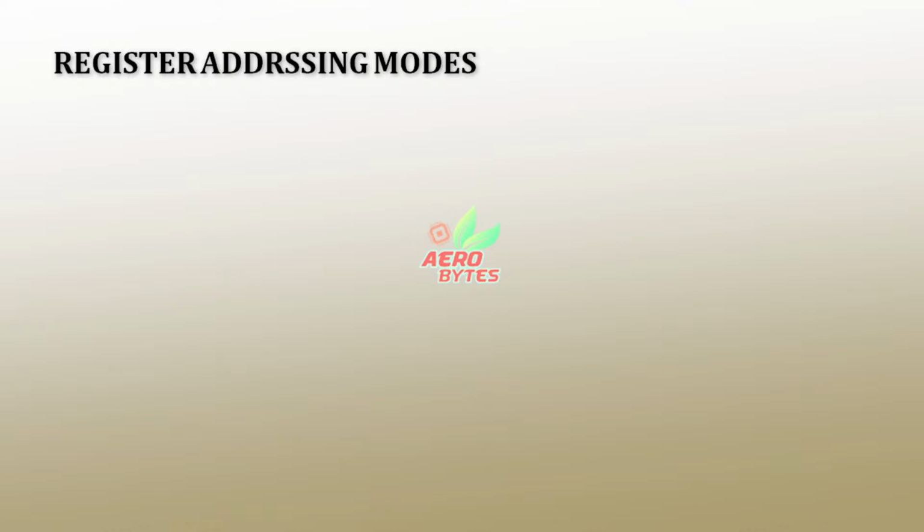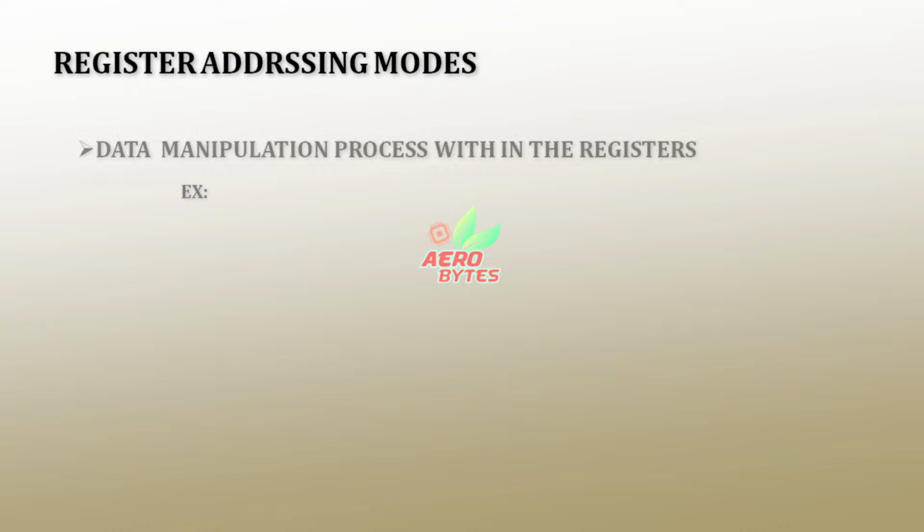Next, register addressing mode. The register addressing mode involves the use of registers to hold the data. We are not bothered about the register content. The data manipulation process within the registers is known as register addressing mode.